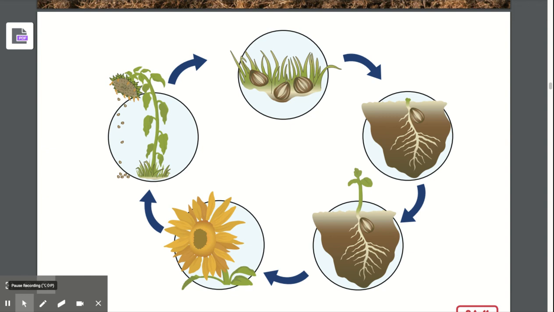Did you say that a seedling is a young plant? I want you to turn to whoever is helping you, mom, dad, brother, sister, babysitter, grandma, grandpa, aunt, uncle, and I want you to explain to them the life cycle of a plant. And you can use my picture to help you.